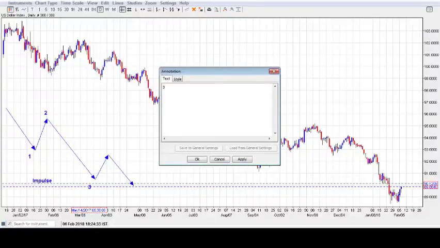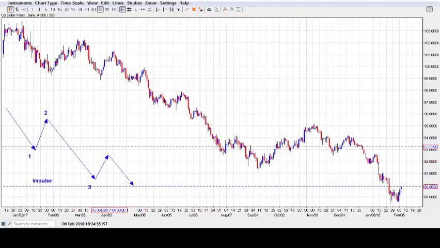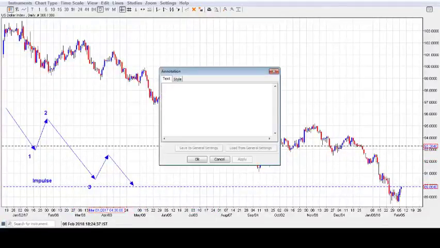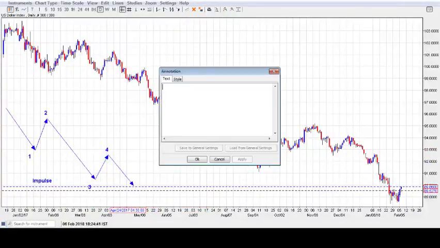You would want to label these motive waves as 1, 2, 3, 4, and 5. They subdivide into 5 waves. When 5 waves are complete, the first wave, or the first leg of one higher degree is produced, as I've labeled in brackets wave 1.